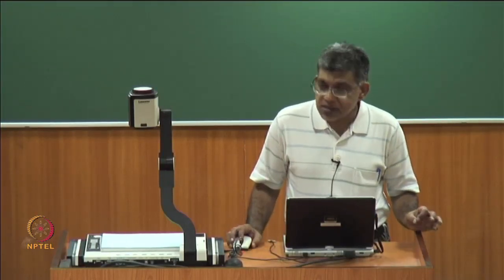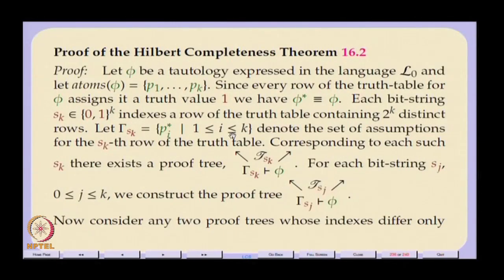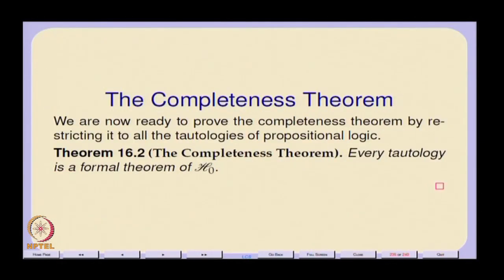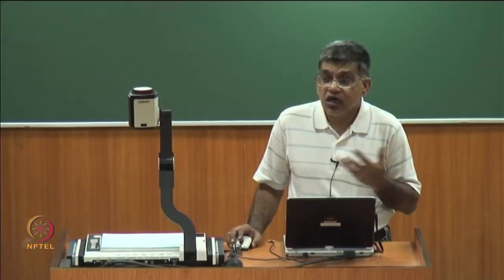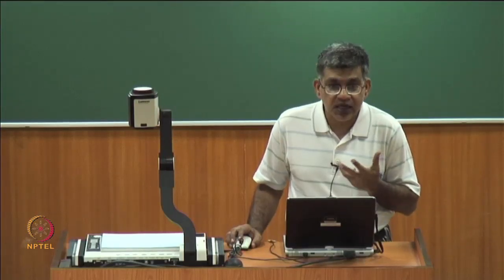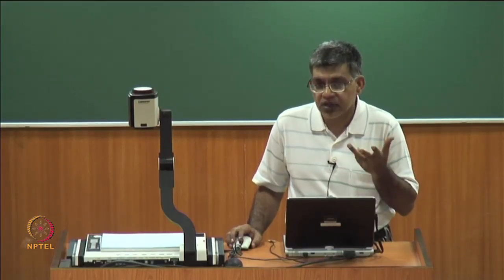And you can see that this proof is also very different from the proof of completeness that we used for the tableau system, because there the question was not really of validity, but of unsatisfiability or satisfiability.